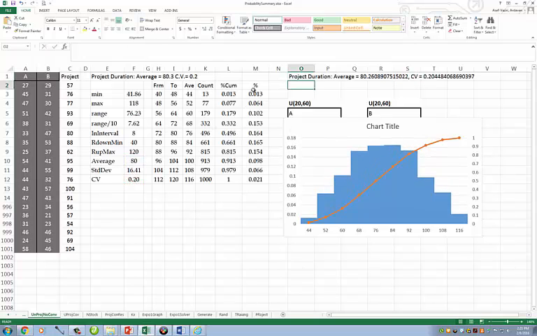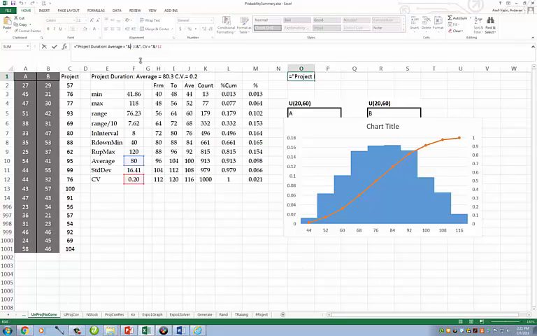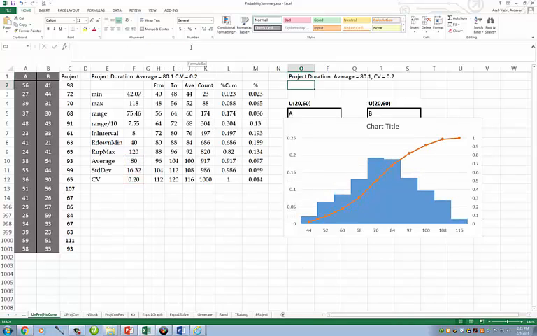The only problem is that average and coefficient of variation have too many decimal points. So I'll go here, I type ROUND this one to 1 and round this one to 2. That's it. Now I have a nice statement over there.